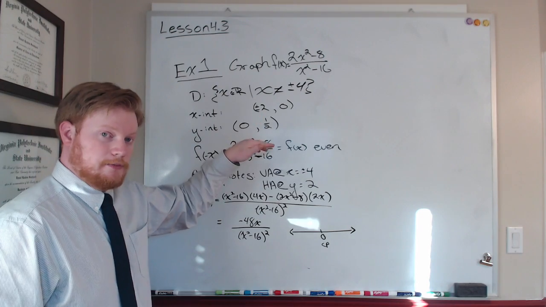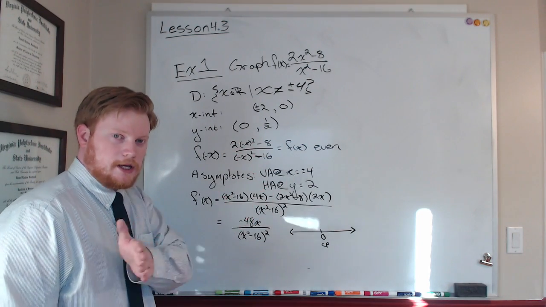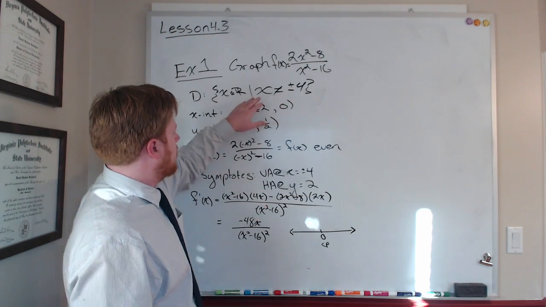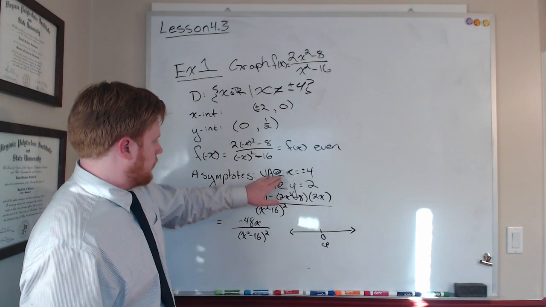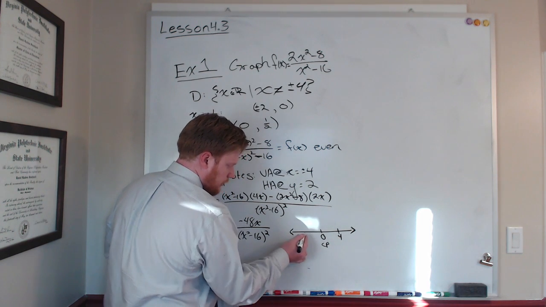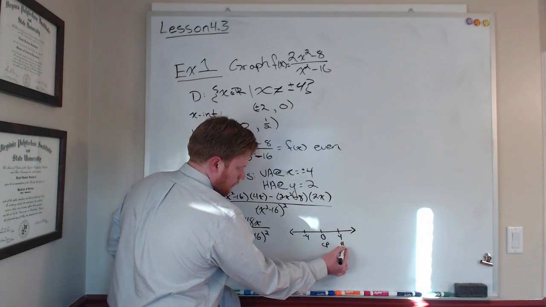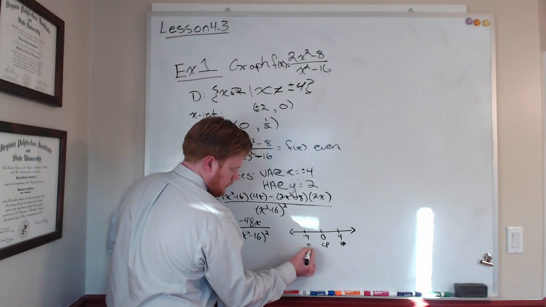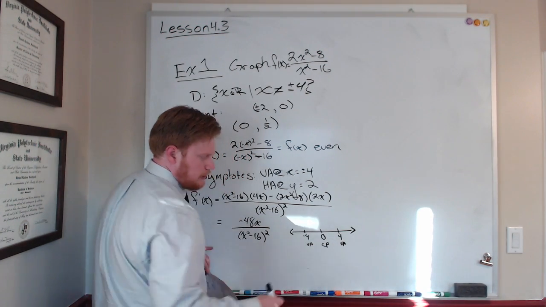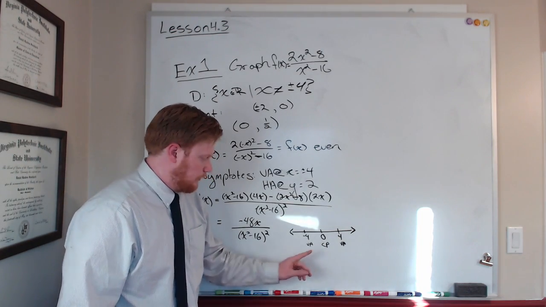Stationary points are anything that are critical points or asymptotes, any kind of break in discontinuity. So my vertical asymptotes were 4 and negative 4, so I also have 4 and negative 4. Those were vertical asymptotes, just to distinguish between the fact that this is a critical point and these were vertical asymptotes.